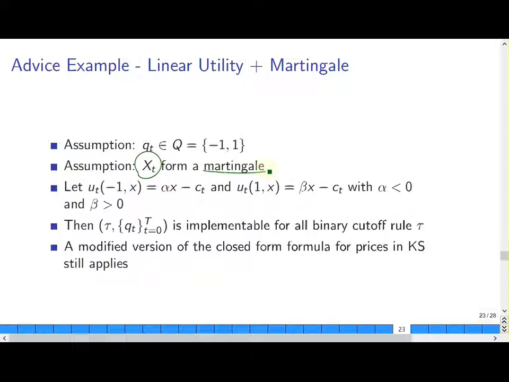If both of these are true, and if we assume we have linear utility functions, so from one type of action we get some constant utility which is smaller than zero, and from the other one we get a positive constant utility, then all of the binary cutoff rules are implementable. And also there is a closed form formula, some modified version of a closed form formula from the Cruz and Strack paper.